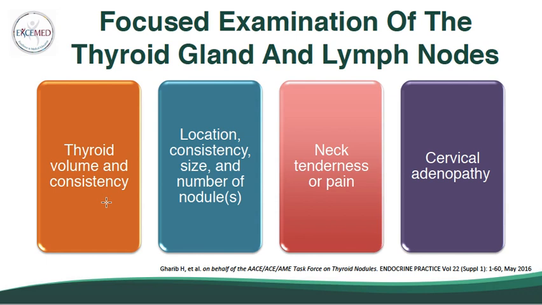If the thyroid nodule is hard and fixed, then that also gives you a clue that it may be a malignant tumor. The location of the nodule, its consistency, size, and number of nodules is also very important to take note of. The presence of neck tenderness or pain can actually be a clue for the presence of thyroiditis. And the presence of cervical adenopathy.